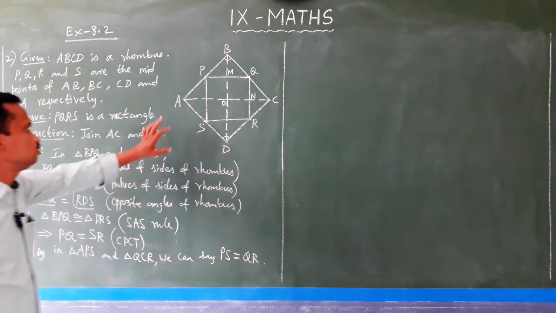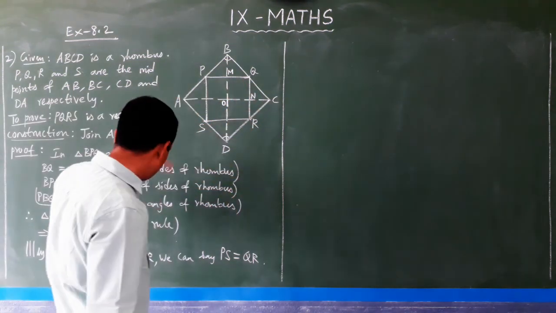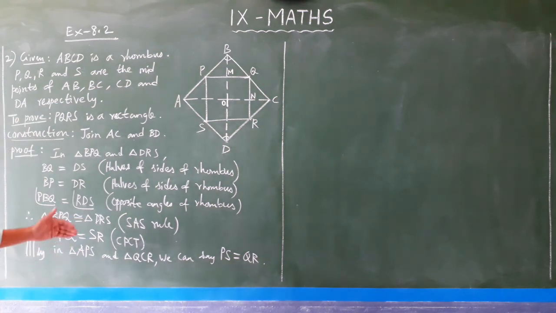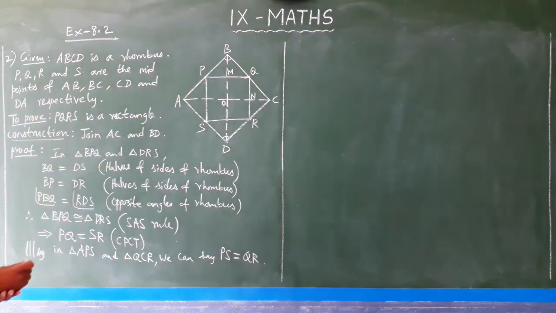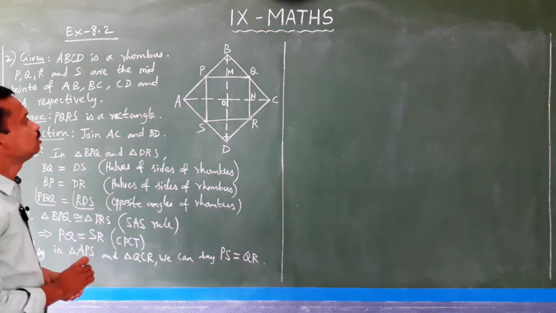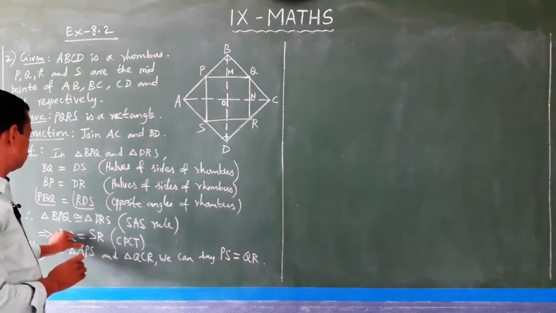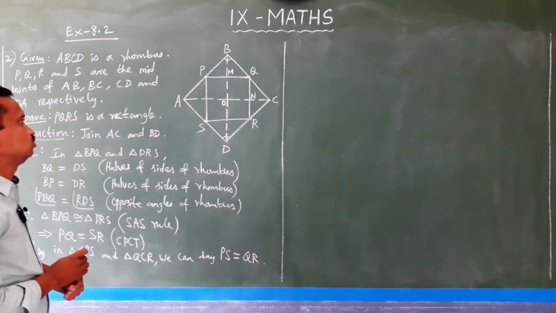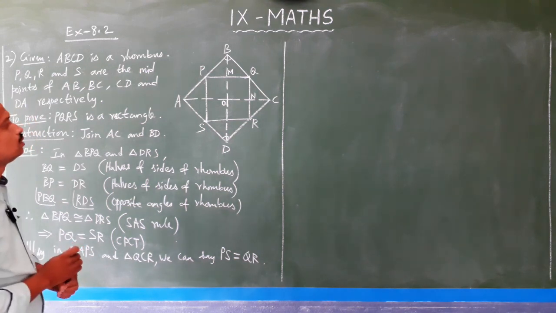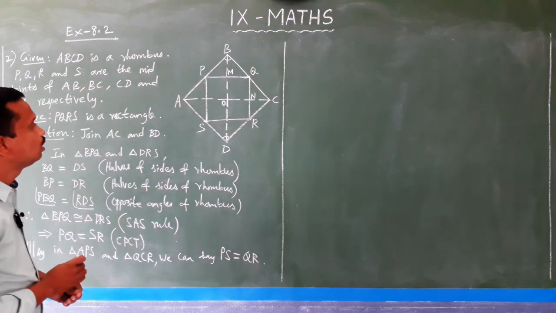Similarly means we have to take these two triangles the same way. We have to prove that they are congruent, and then by CPCT we can say PS is equal to QR. And then now in PQRS we have proved that the opposite sides are equal.